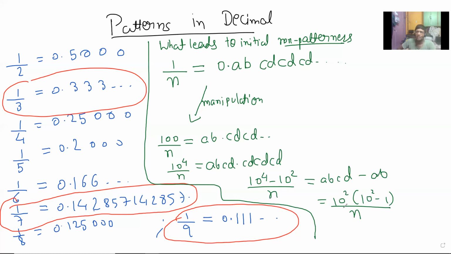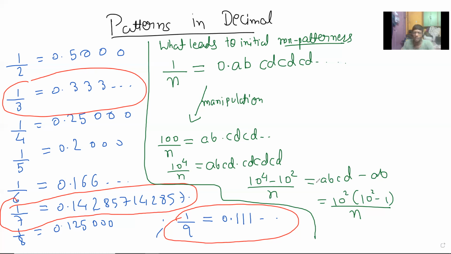No, but n may divide 10 square also. Yeah, so that's the thing. We cannot really say. All we can say is that this is an integer.